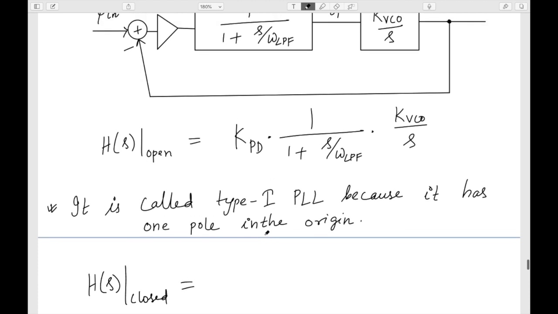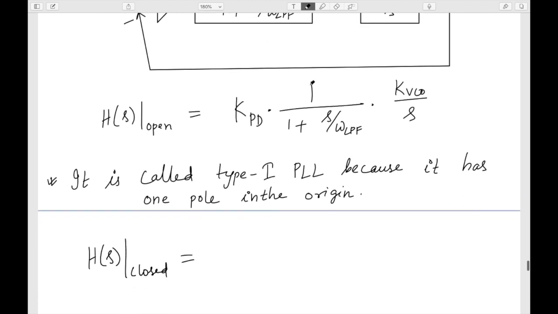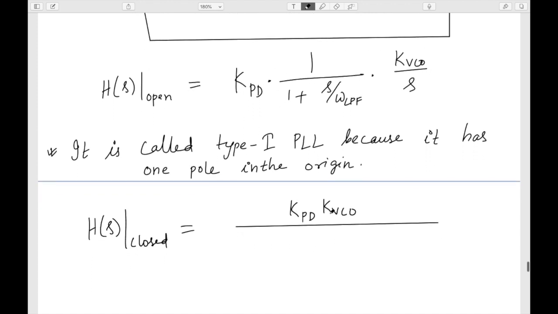So we know that the division factor is just 1, so it is just HS open by 1 plus HS open. If I try to write it down, it looks like something like this. You can try it out yourself. If I do a simple multiplication by the VCO term, the S will get multiplied everywhere.